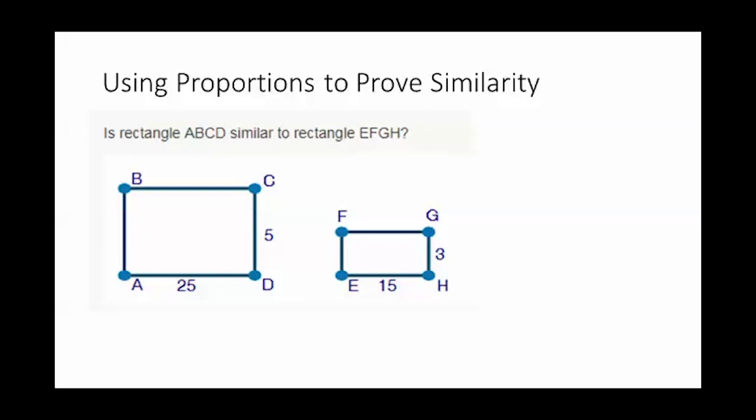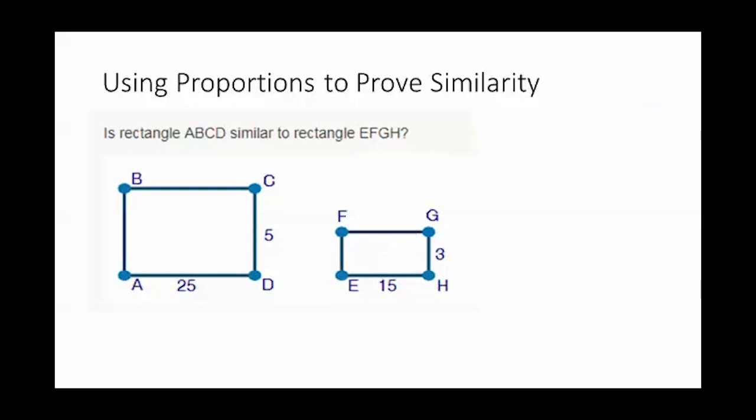So if we know that the sides are supposed to be proportional, what does that mean? Well, we are given two rectangles here and we're asked, are these similar? We are told they're rectangles, and so by the definition of a rectangle, we know that these are all 90-degree angles, and because all the angles are the same, we would be able to say yes, they are.